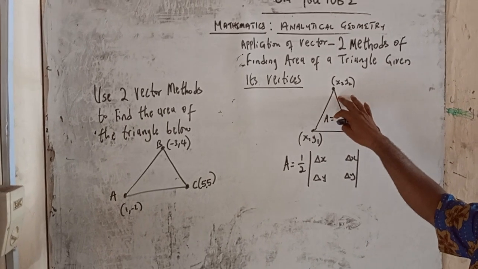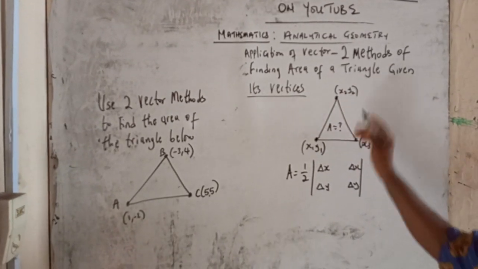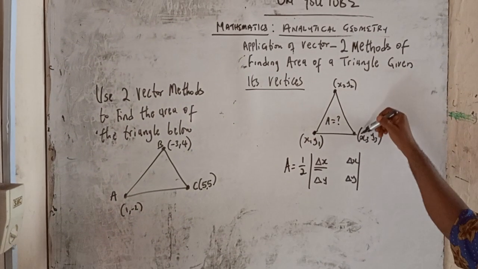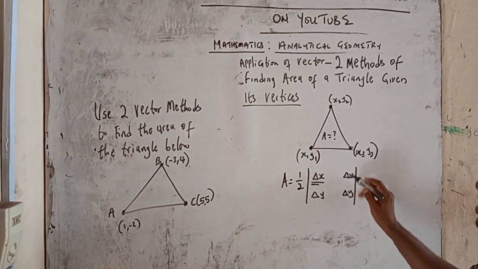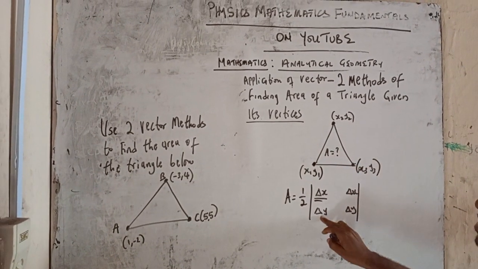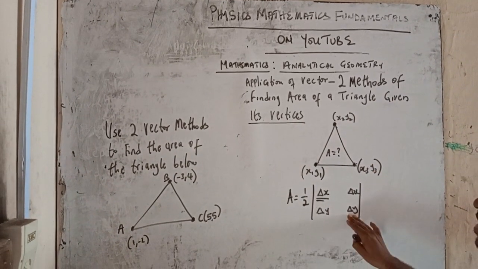Considering this particular scenario that we have here, I want to consider this place and this place for my change in x here, and I will consider this place and this place for my change in x here. I will also consider this place and this place for my change in y, and between this place and this place for my change in y here.